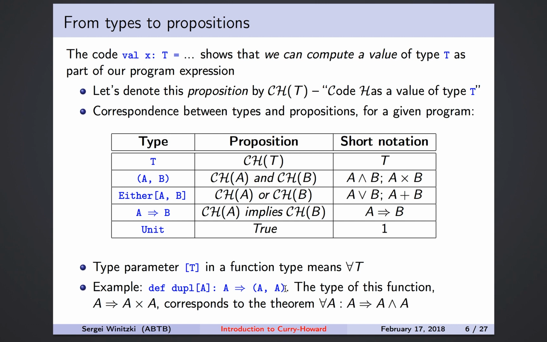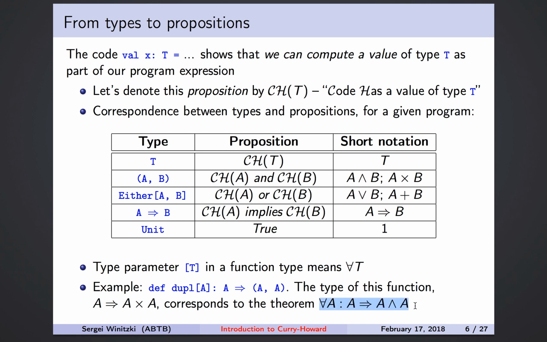Now the type of this function in the short notation would be written like this. And in the logic, it would correspond to this formula: for all A, if A is true, then A is true and A is true, because the tuple corresponds to the logical and, the conjunction.